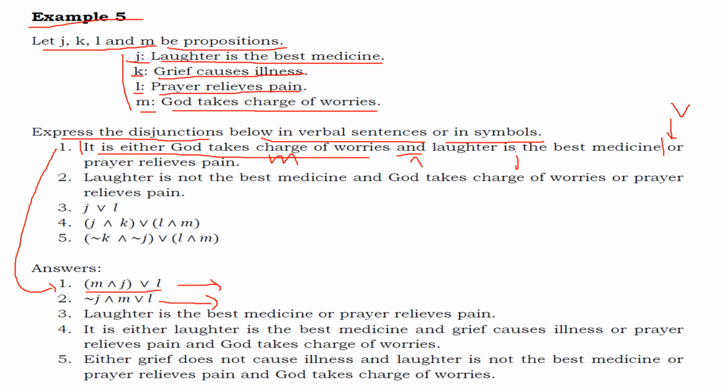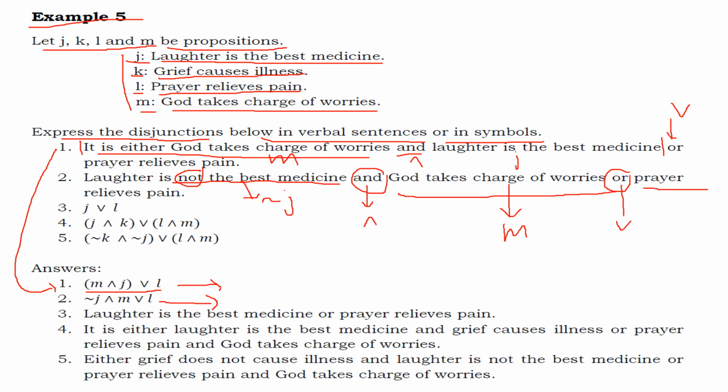In this case, laughter is not the best medicine. So we use not and we apply not to proposition J. That's why this part is your negation J. Now, we use N to represent your conjunction. God takes charge of worries, so this will represent your proposition M. Or, this will represent your disjunction.